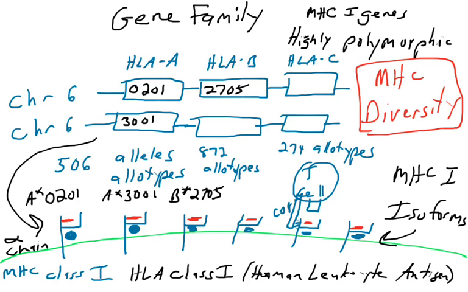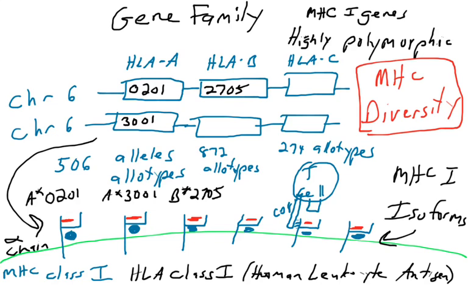It is very likely that they all present different peptides. They all have different peptide binding motifs. And the more different they are, the more different peptides you can present, the more likely you are to survive a viral infection. So this is how we talk about MHC diversity.